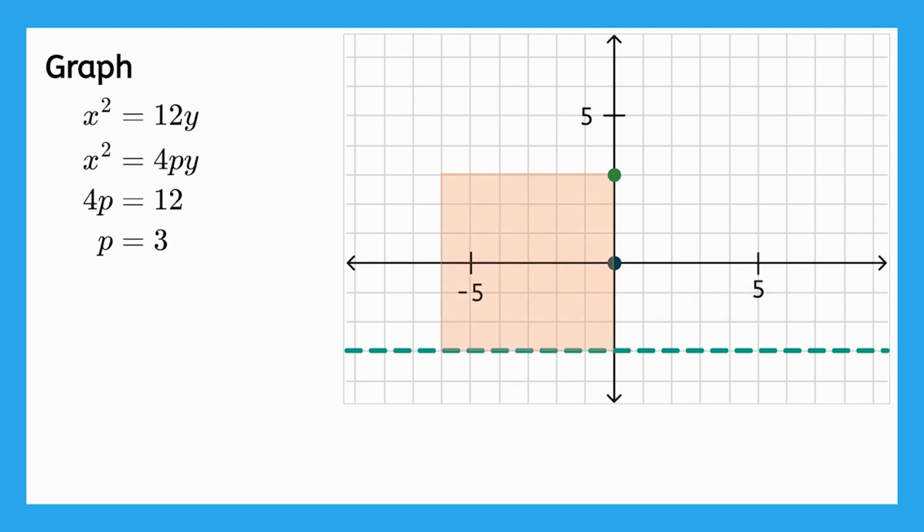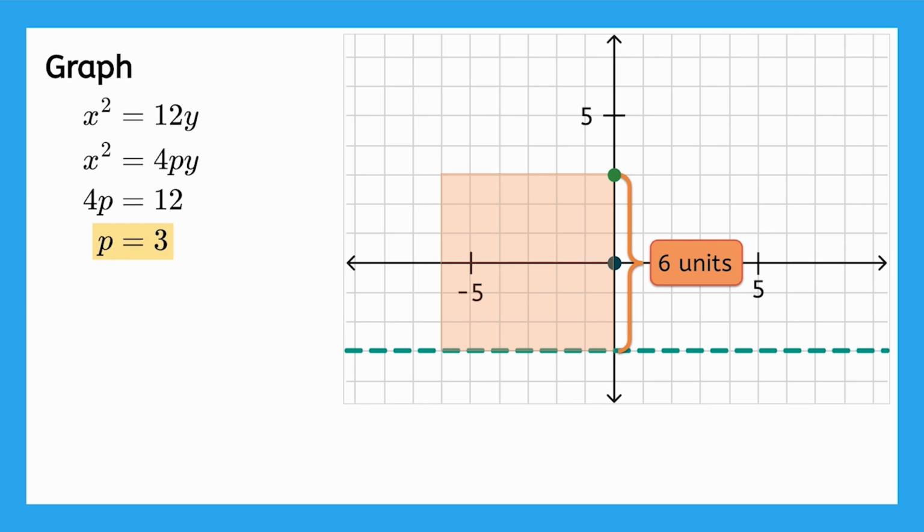To help us plot additional points on the parabola, I like to imagine that square we discussed earlier. Remember, this square's side length is the distance between the focus and directrix. How far is that in this case? Right, 6 units.